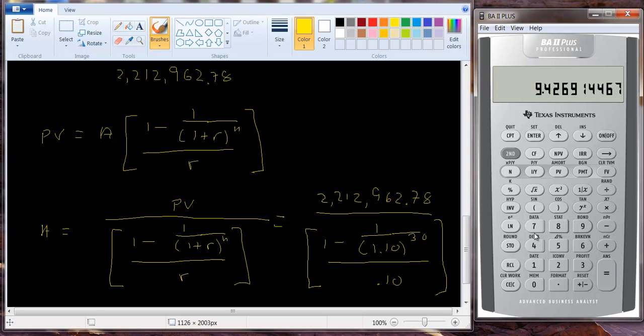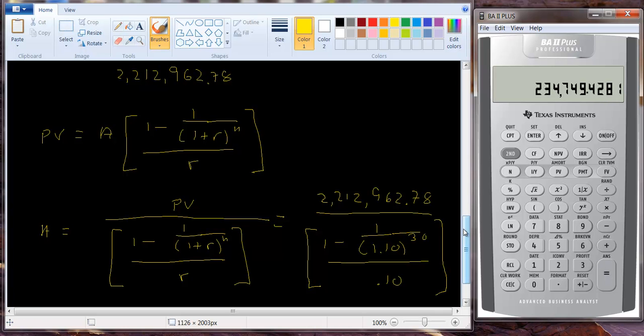Okay, and then we want to divide by this. So let's flip this over and then multiply it by 2,212,962 and 78 cents. And let's see what we get.